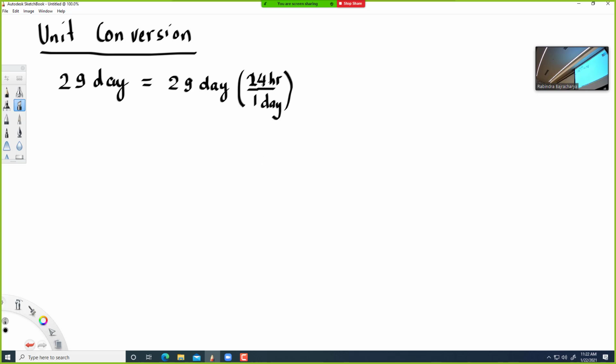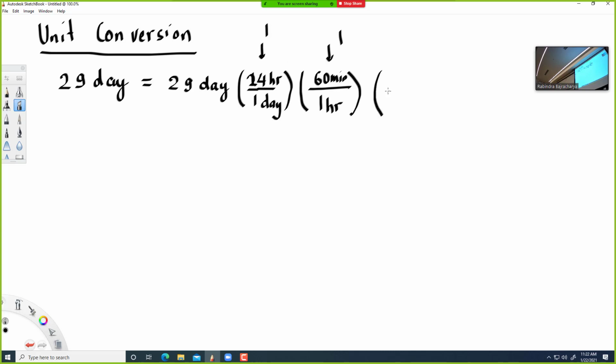1 day and 24 hours are the same, so they will cancel to give you 1, so this won't affect our original number. Then we also want to get rid of hour, so put 1 hour down here. And then 1 hour is 60 minutes, because this is also 1, it's just multiplying by 1.